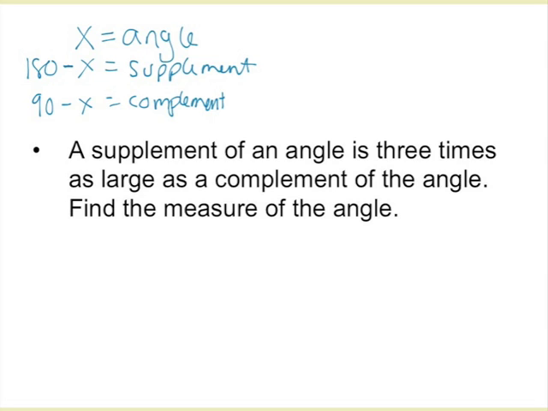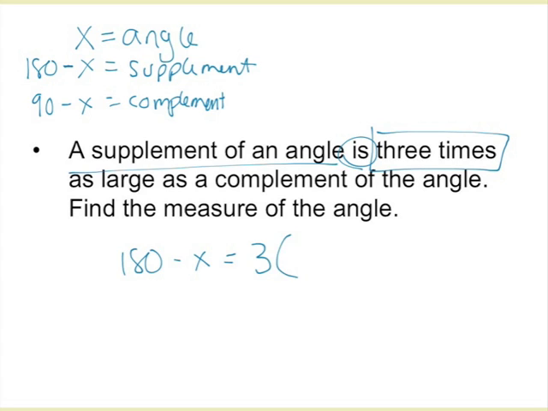So a supplement of an angle, that would be 180 minus x, is, in math, an equals, 3 times, so 3 multiplied by something as large as the complement, 90 minus x.